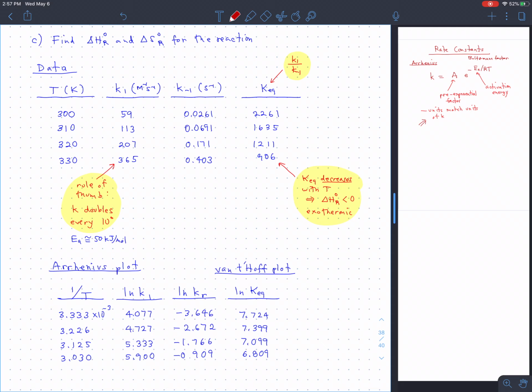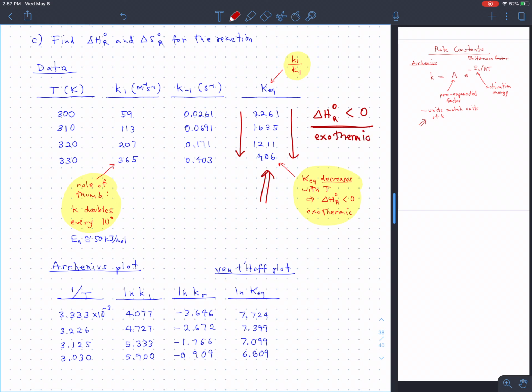The other thing to point out is that over in this column, the equilibrium constant is actually decreasing as the temperature rises. What does that mean? Well, I pointed that out above. It means that delta H for reaction must be less than 0. Just by the mere fact that the equilibrium constant is going down as temperature rises tells us that it's an exothermic reaction.